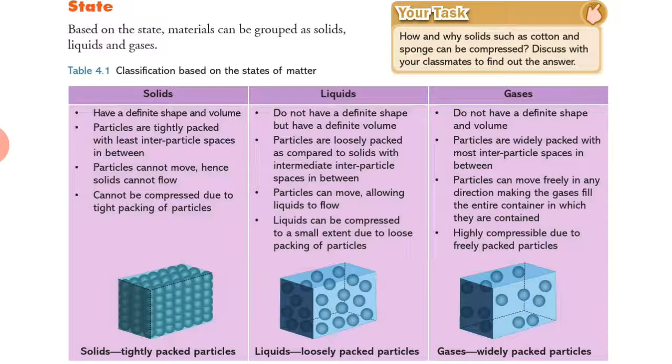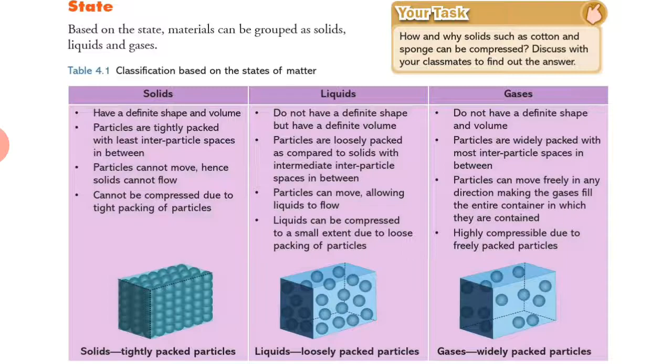Density means how close the particles are to each other. Particles are loosely packed as compared to solids, with intermediate, means moderate, interparticle spacing between them. Particles can move, allowing the liquid to flow. Liquid can be compressed to a small extent due to loose packing of particles.